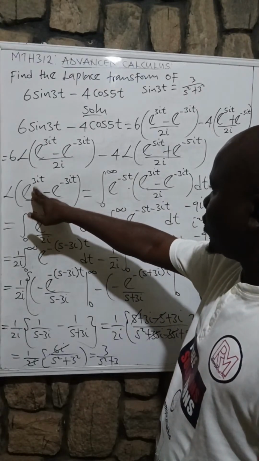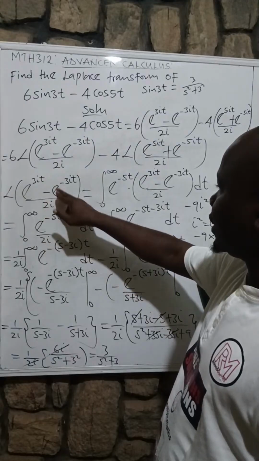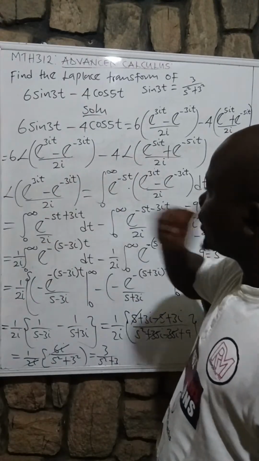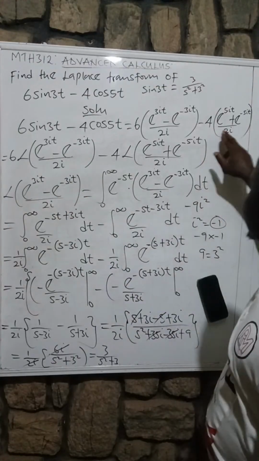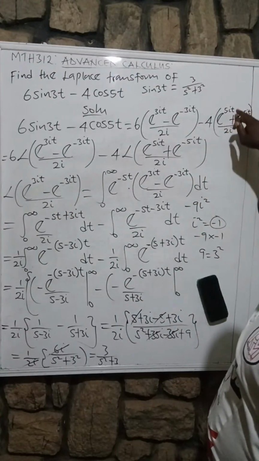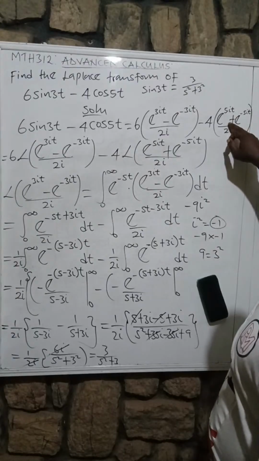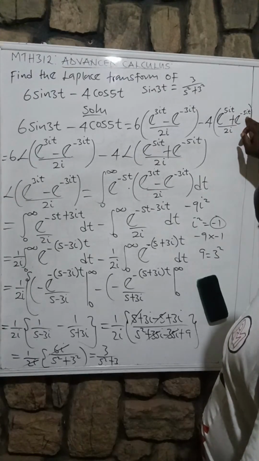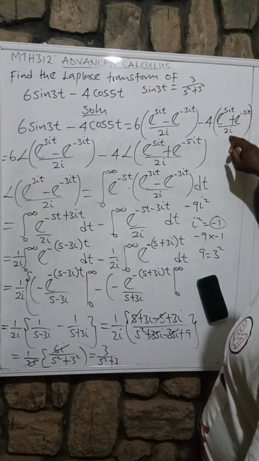Here, we have exponential 3it minus exponential minus 3it all over 2i. It means here we are going to consider exponential 5it plus exponential minus 5it all over 2i.